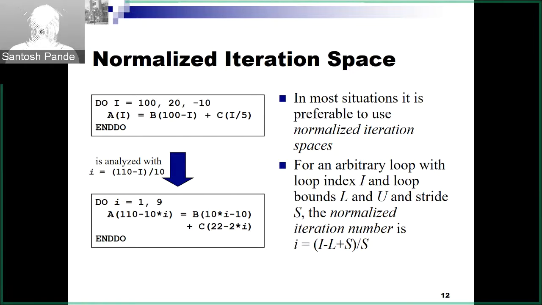And we'll come to such examples when we do the loop transformation. That is the main reason for doing it. When we have the transformation, the loop is going from a lower bound to an upper bound, again with stride 1, the lower bound is always 1, and so on. So all these loops which are following each other will get normalized in this way.